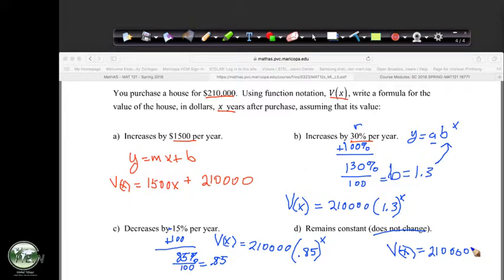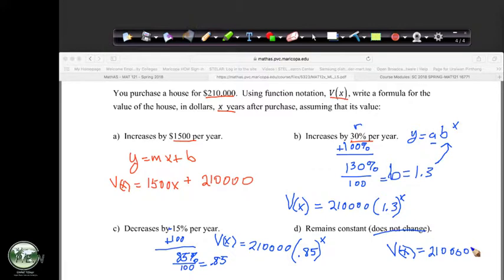In teaching, I find that trying to teach add or subtract 1 is very confusing to most people. But adding or subtracting 100% seems to make sense. Because 1 is a number, and we change what 1 is, right? We change what the 100% is. But 100% isn't really a fixed value. It just has this idea of being everything that we started with, which is really what it is.